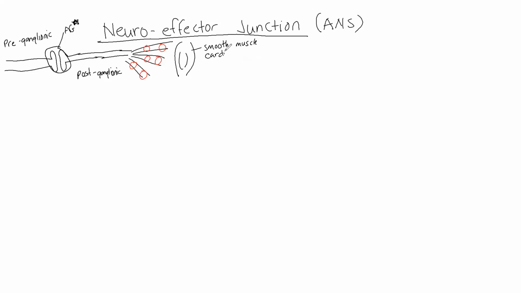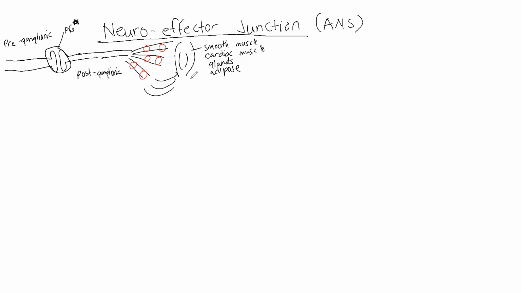So cardiac muscle, just so we're clear what the options here are. Glands or adipose, okay? And so this is the neuroeffector junction, this region here, okay? And it looks very different from this synapse. It also looks different from the synapse between the motor neuron and skeletal muscle, okay?